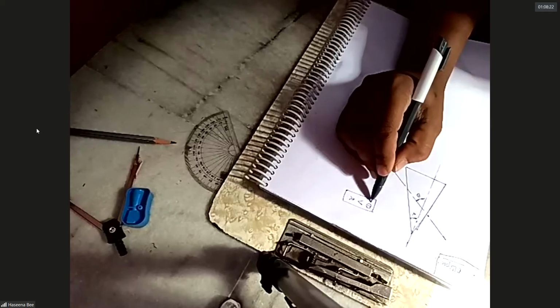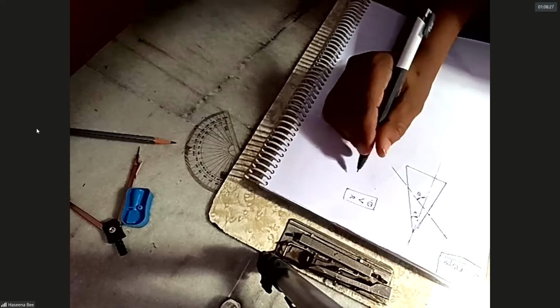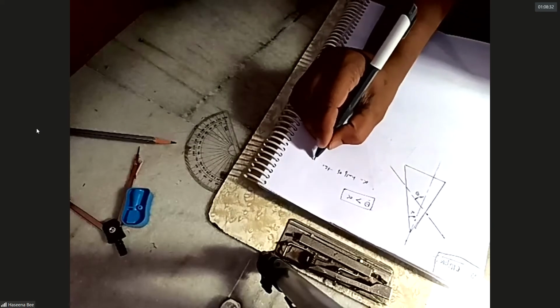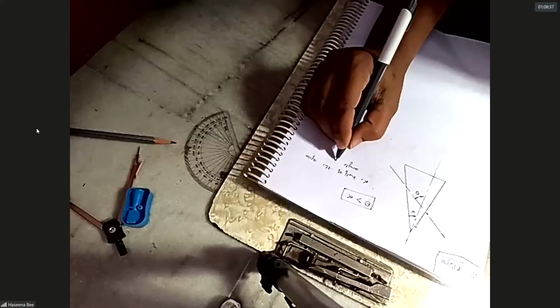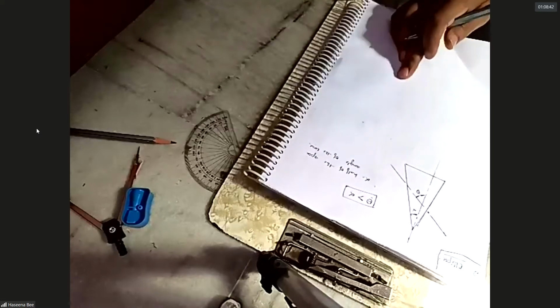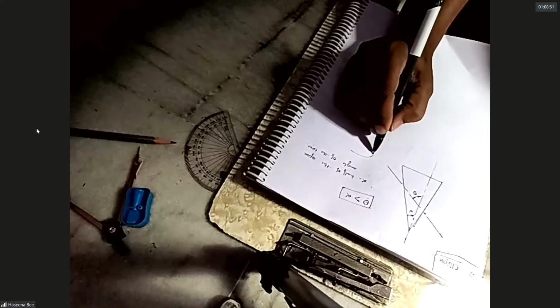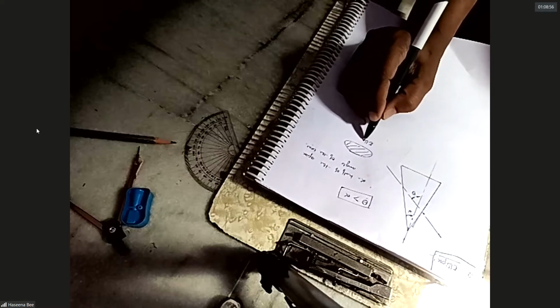The cutting angle theta should be greater than alpha. What is alpha? Alpha is half of the apex angle of the cone. When theta is greater than alpha, the curve formed here is known as an ellipse. This is the shape of an ellipse.